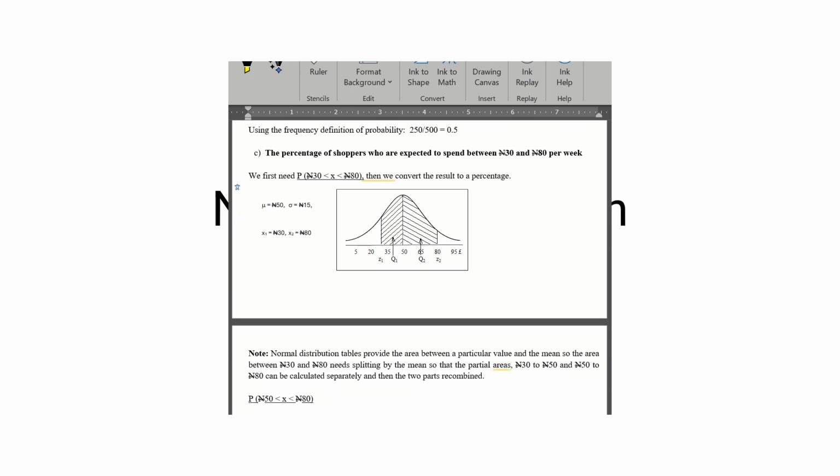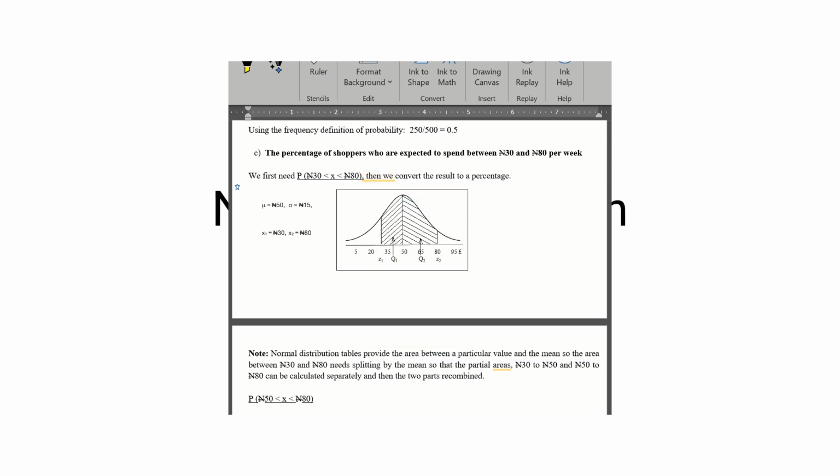The next one we are looking at is the probability that a shopper will spend between 30 to 80 naira per week. What do we need to get? We need to get the probability that 30 is less than x and x is less than 80, meaning the person spent between 30 and 80.